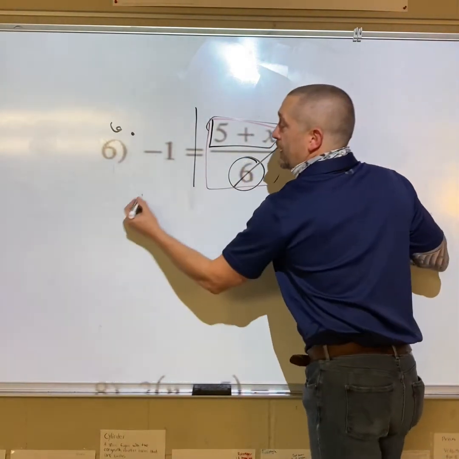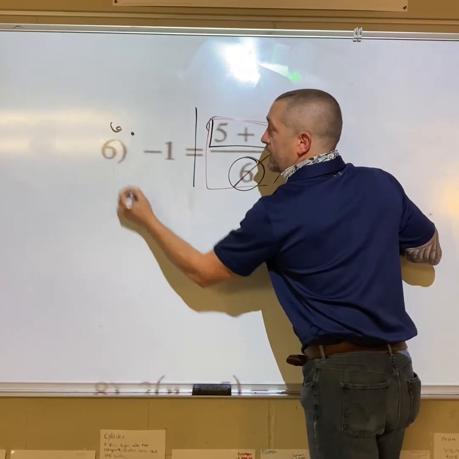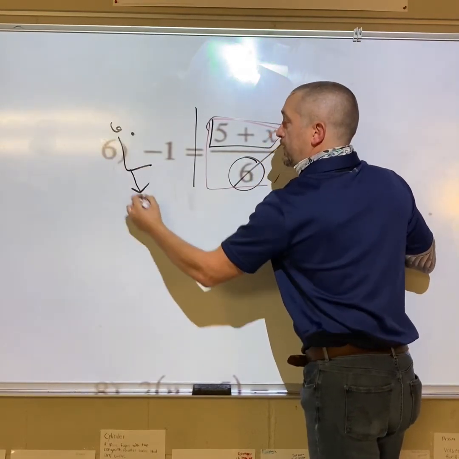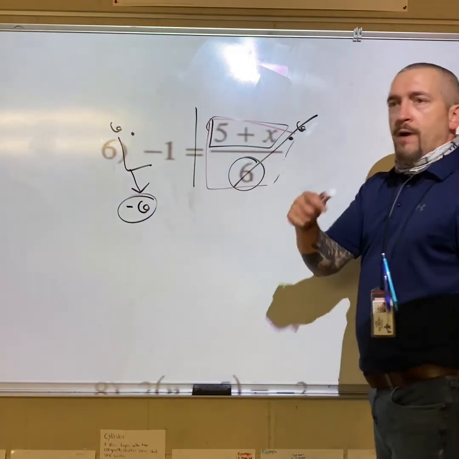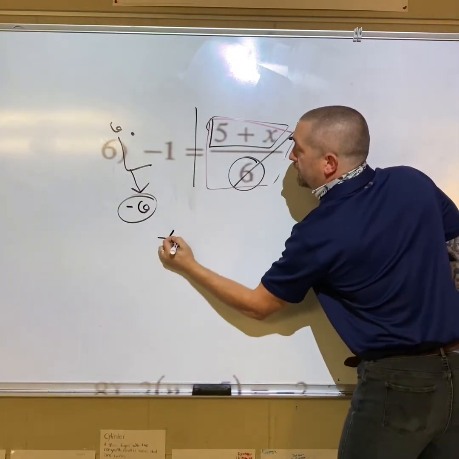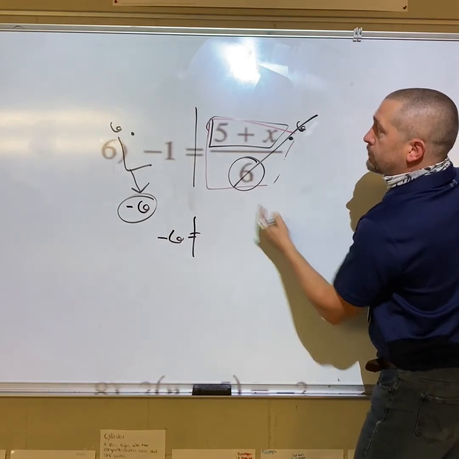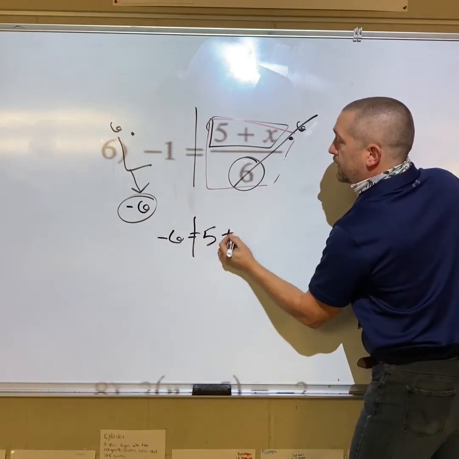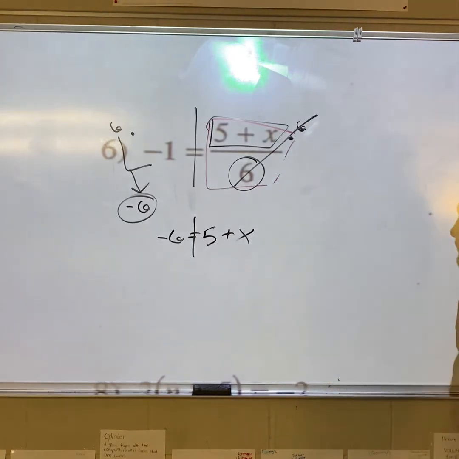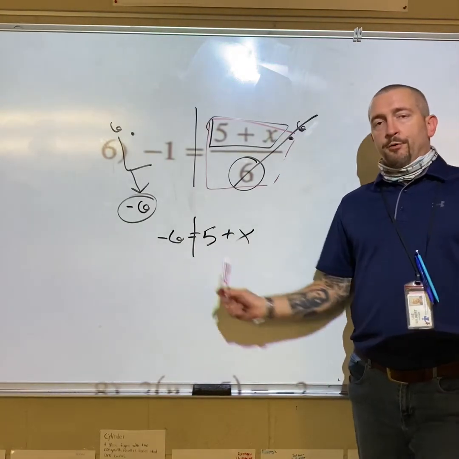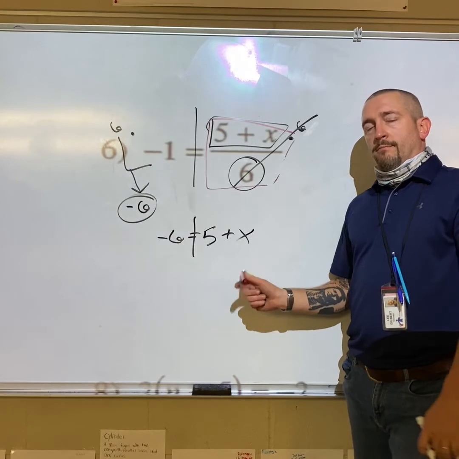And 6 times -1 gives us -6. So let's rewrite what we have now: -6 is equal to 5 plus x. Very simple form to solve now.